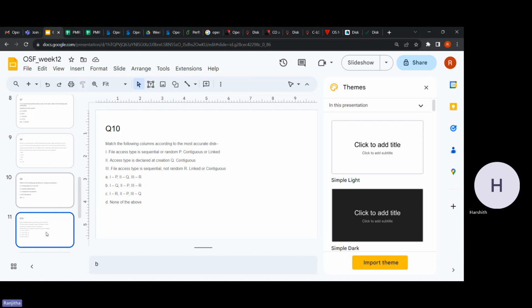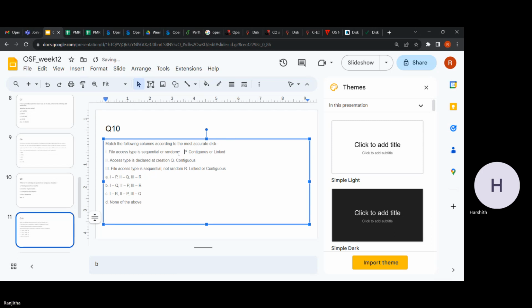Match the following columns according to the most accurate disk. File access type is sequential or random. Then if the file access type is sequential or random, then contiguous allocation is what is chosen.